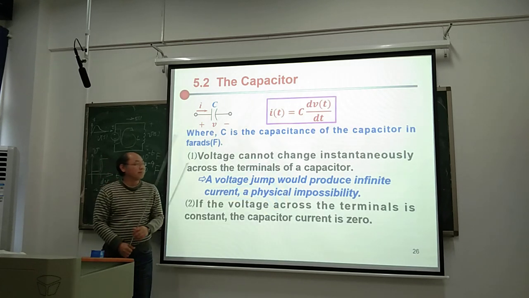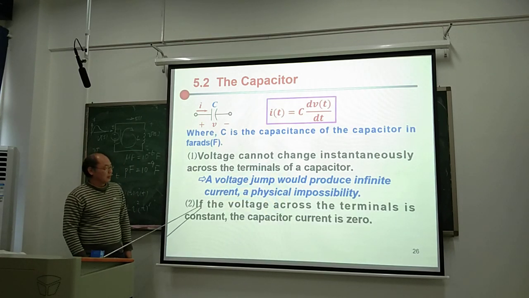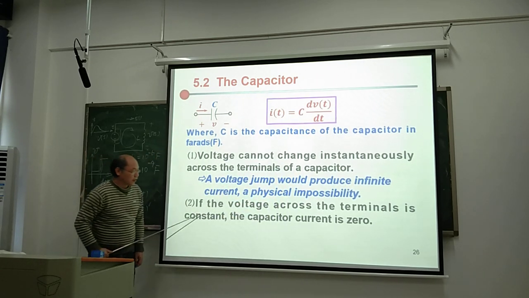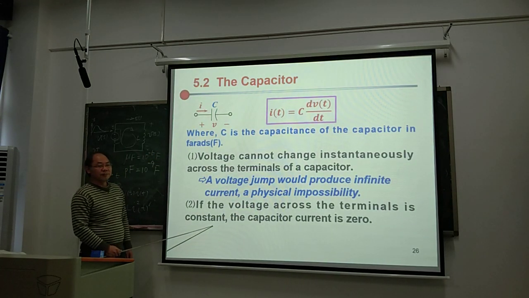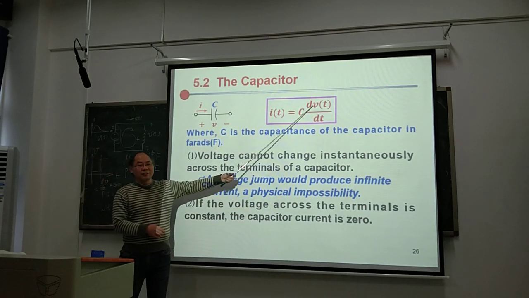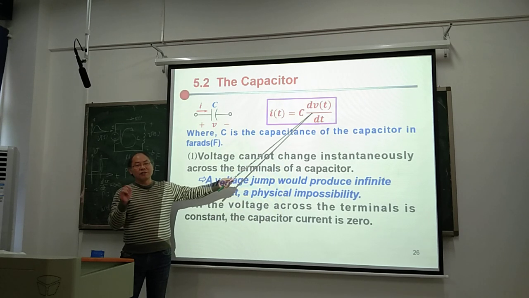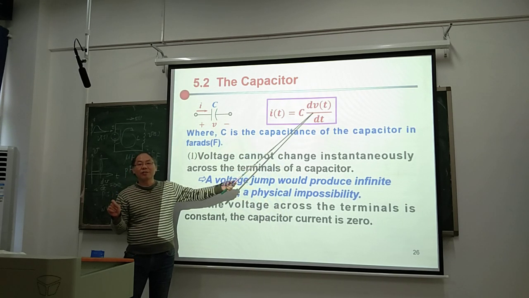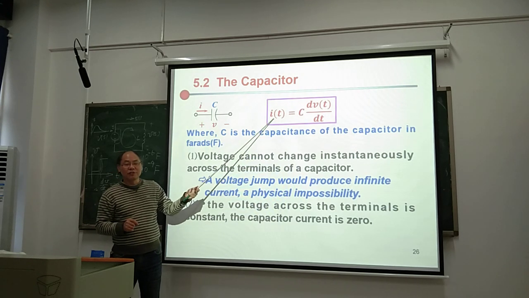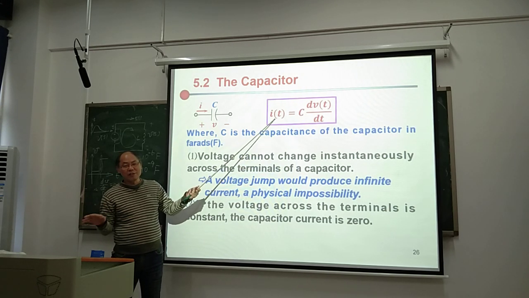And the second, if the voltage across the terminals is constant, it means dv/dt is zero, right? So the current is zero. The current is zero means an open circuit.